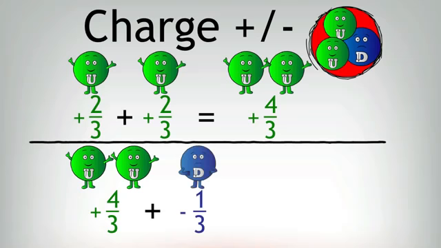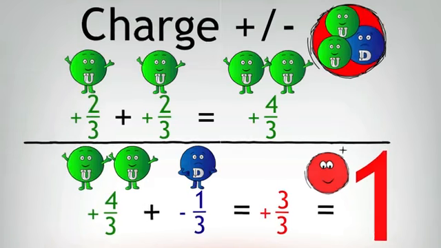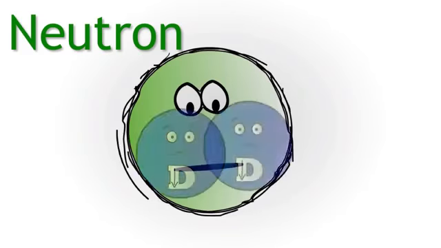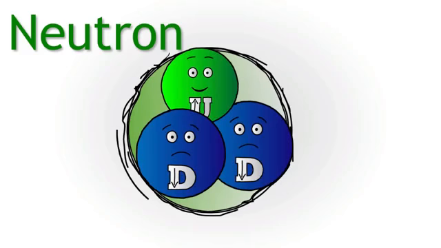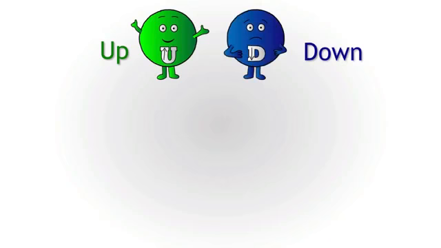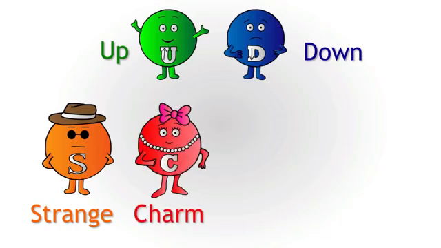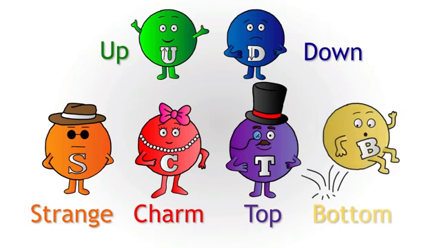Adding in a down quark reduces the overall charge to 3/3, which is the equivalent of 1. A neutron was found to consist of 2 down quarks and 1 up quark, which gave it an overall charge of 0. The discovery of the up and the down quark was followed in the coming years by the strange quark, the charm quark, the top quark, and the bottom quark.